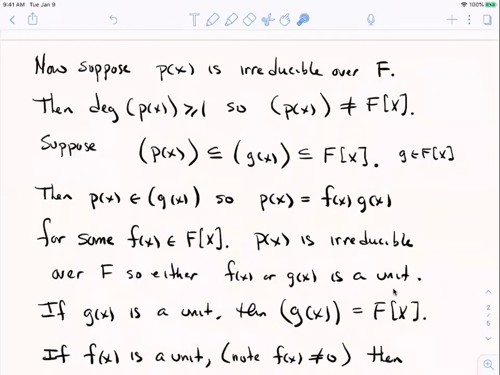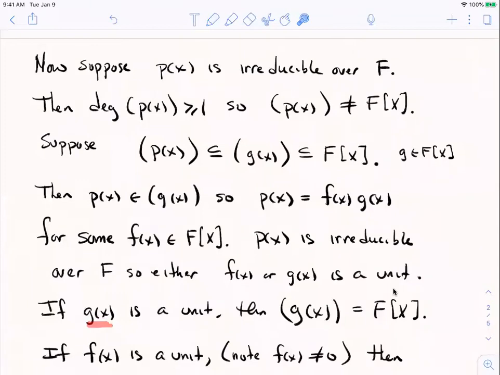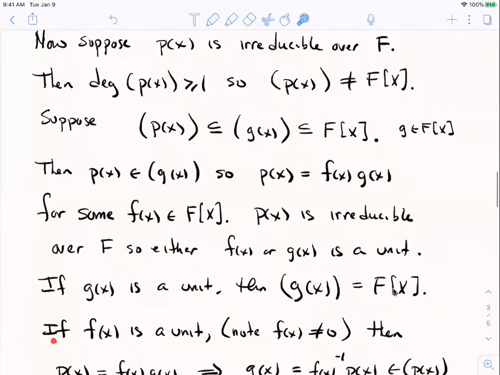By irreducibility, one of them is a unit. So we'll just look at the cases one at a time. If G is a unit, then the ideal it generates is the entire ring. So this set inclusion ends up being an equality. Good, I'm happy. I don't care which one it is. If it's not G, then it has to be F.